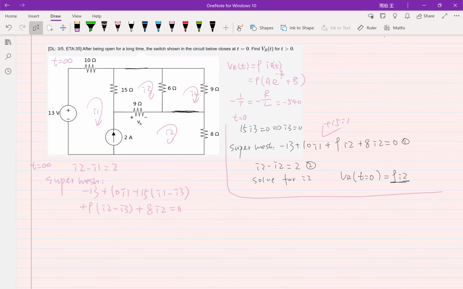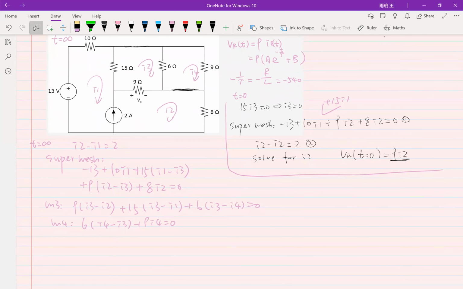Okay, and then let's do mesh 3. We have 9 (I3 minus I2) plus 15 (I3 minus I1) plus 6 (I3 minus I4) equals 0. And mesh 4, 6 (I4 minus I3) plus 9 I4 equals 0.